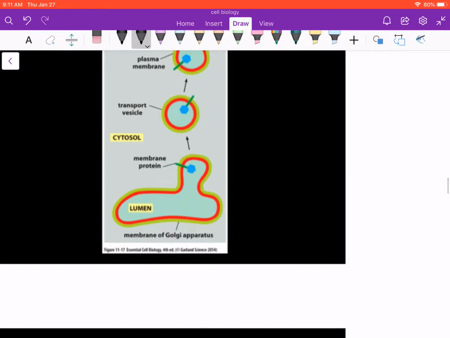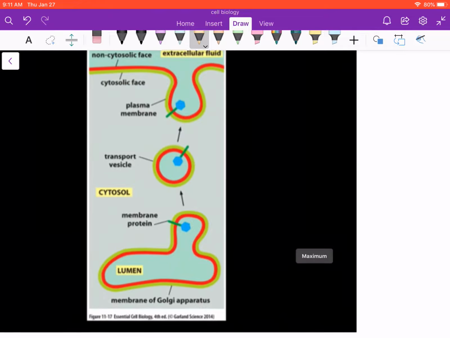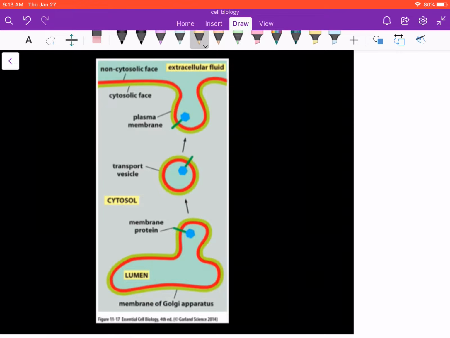And once that orientation is established, it is going to be maintained even when the Golgi makes vesicles and even when those vesicles fuse with the plasma membrane. So the plasma membrane is going to have that orientation also, except that the luminal side now is going to be facing outside the cell.